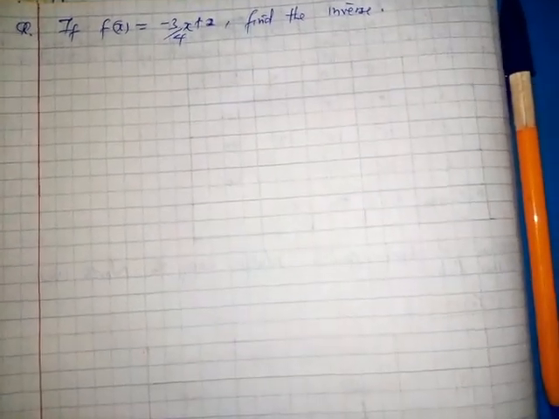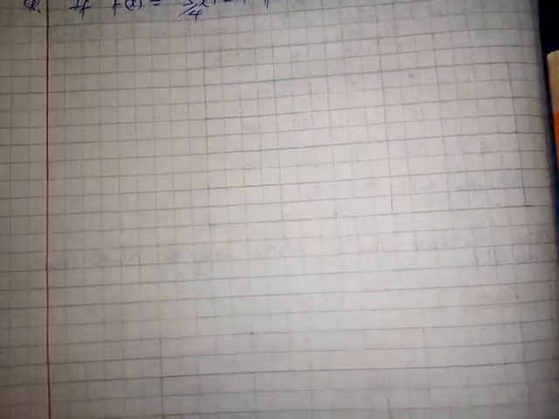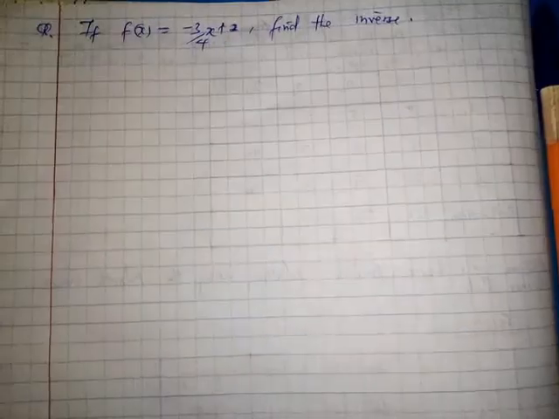In order to find the inverse function of this function, the first thing to do is to determine if the function has an inverse. We have to ask ourselves, is the function a one-to-one function?